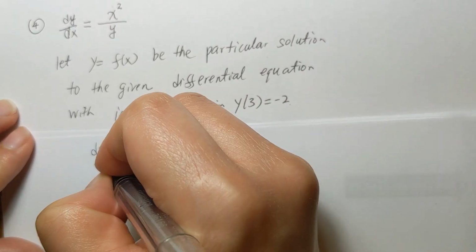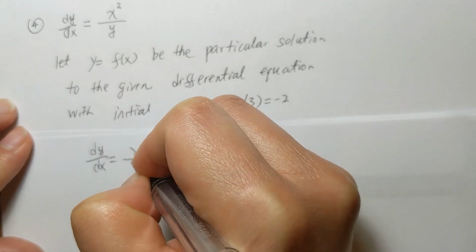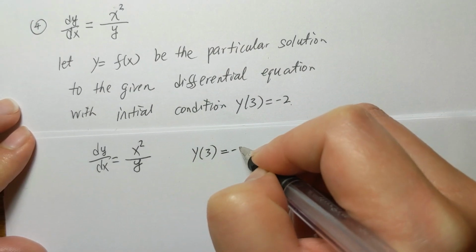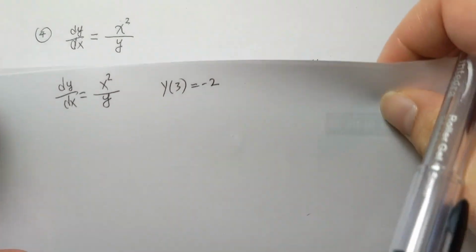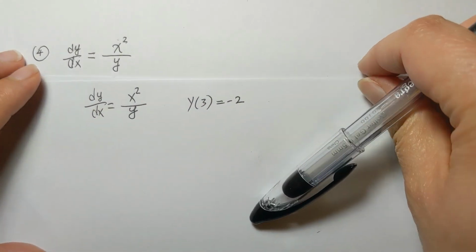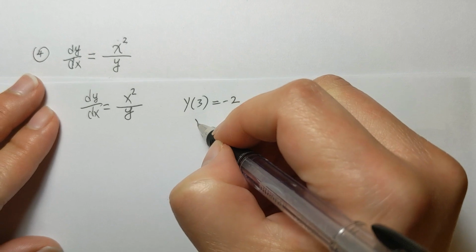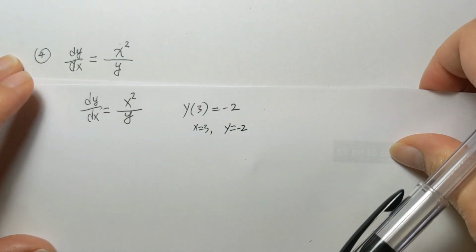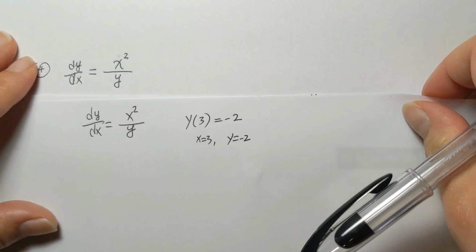So we got dy/dx equal to x squared over y, and y of 3 equal to -2. The only difference is you see y of 3, so that still means x equal 3, y equal to -2. Now we're going to solve this.